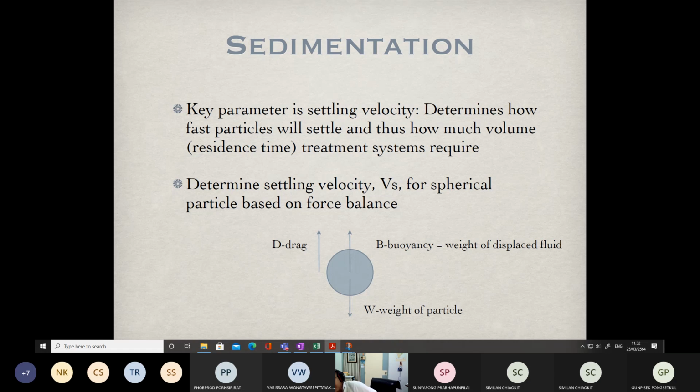We all know that the particle has its own weight, W. And for any object present in liquid, there must be a buoyancy force acting on it, and its magnitude is equal to the weight of the displaced fluid. Another force acting on these objects while moving in water is the drag force.